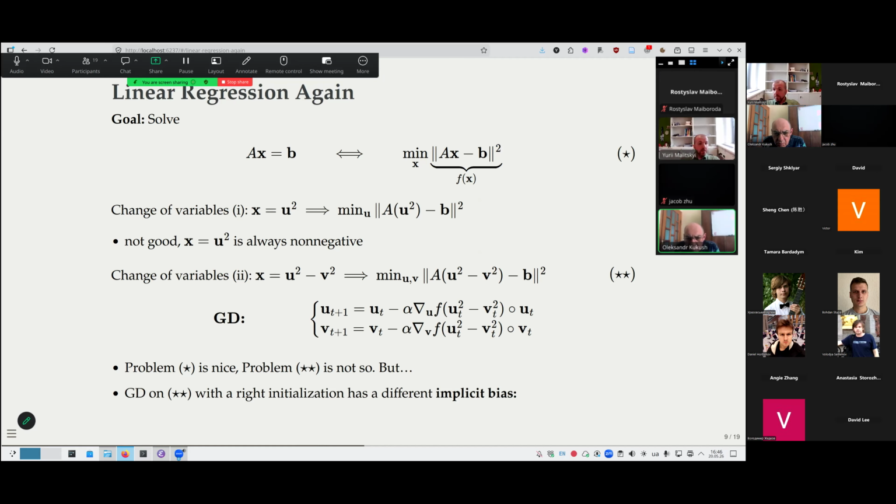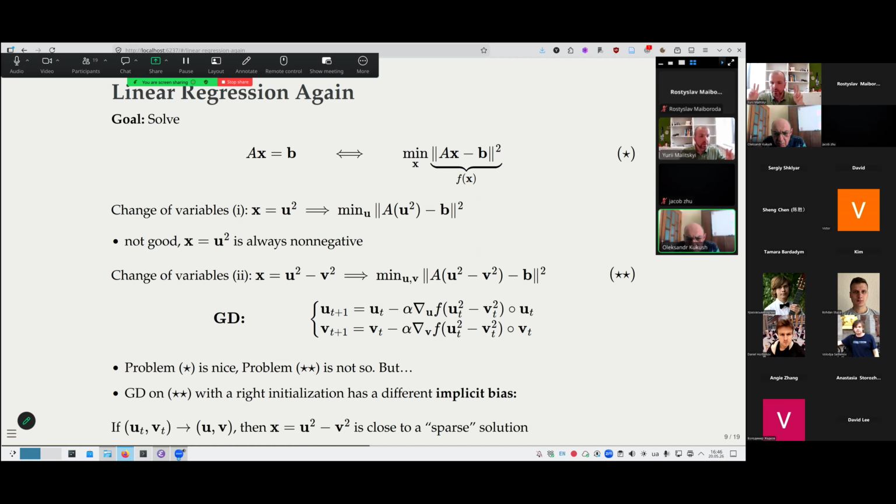At the same time, people noticed, at first in practice, that if you use the right initialization, and we will talk later about what is right, it has a different implicit bias. For x, we already studied the implicit bias, but for u and v, the implicit bias is that we converge to a sparse solution.